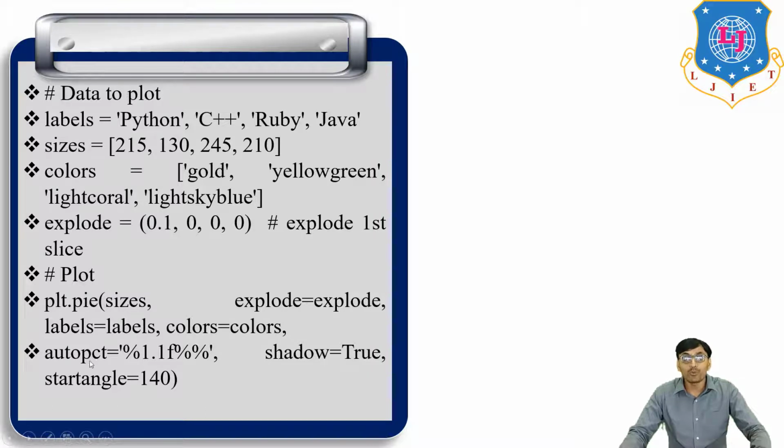Then autopct is equal to '%1.1f%%'. What do you mean by this? This 1.1f means we consider only one digit after the decimal point. Okay, then shadow is equal to True. Then startangle is equal to 140. Okay, then plt.show.